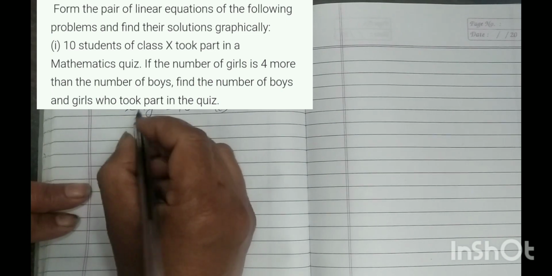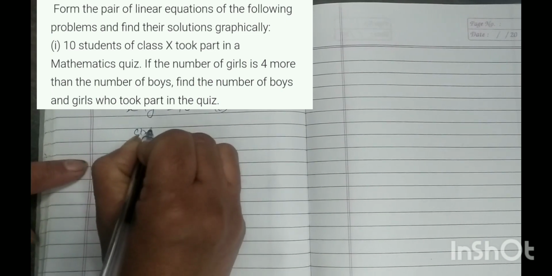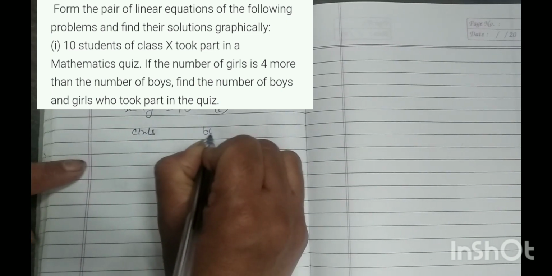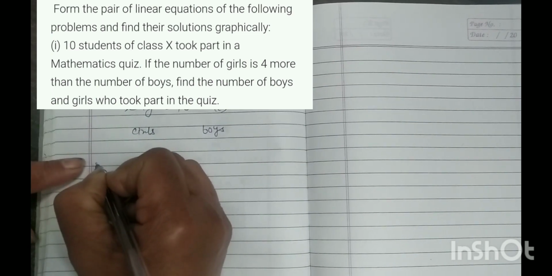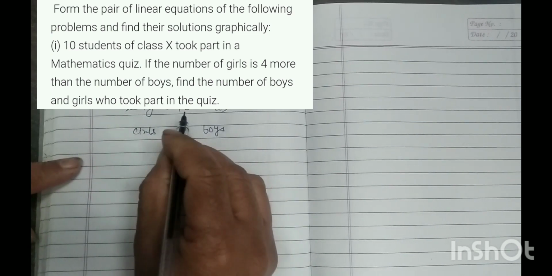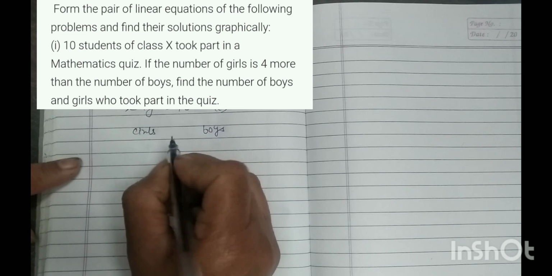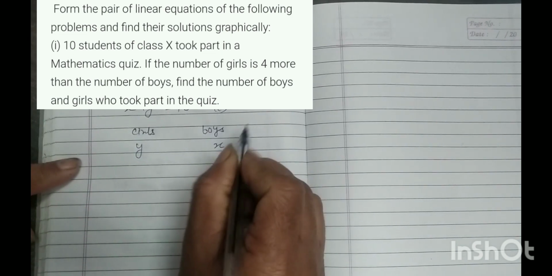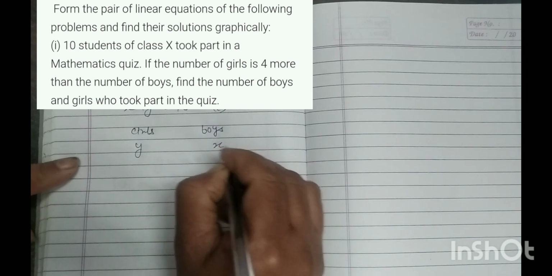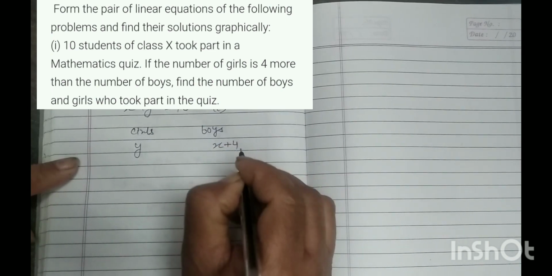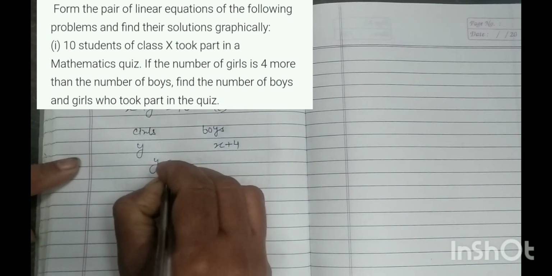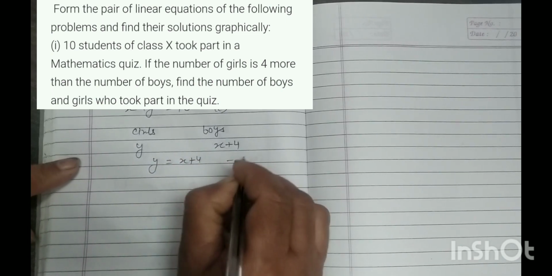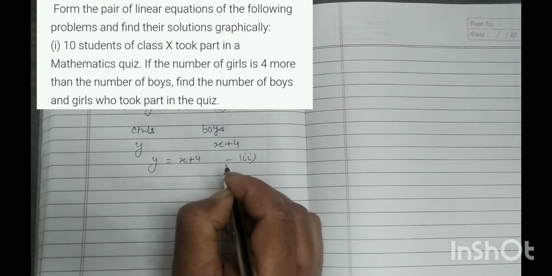Clear? Next, girls and boys. If the number of girls is 4 more than the number of boys, girls is y and boys is x, when we balance, we add 4 to boys. So the equation is y equals x plus 4, that is equation number 2.